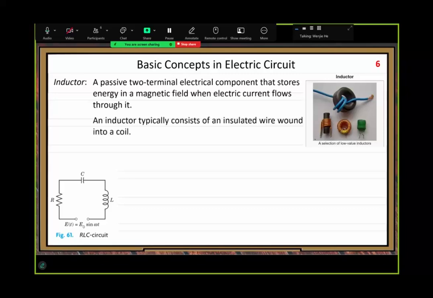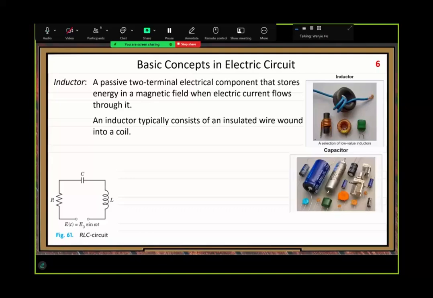An inductor typically consists of an insulated wire, look at this insulated wire, wound into a coil. You have to use this coil shape. In this way, a magnetic field can be generated. This phenomenon is very important in electric circuits.